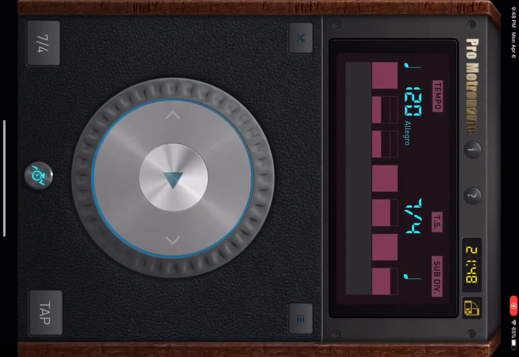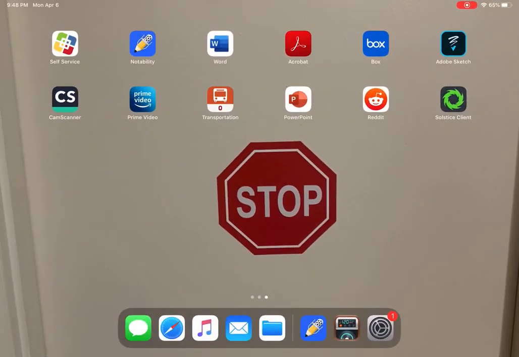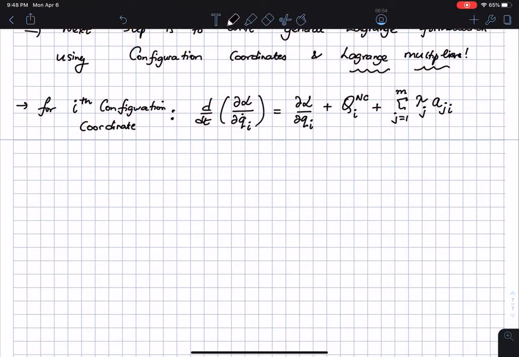Okay, for us, here is the situation. For our problem, i equals 1 implies that q1 is the same as r.